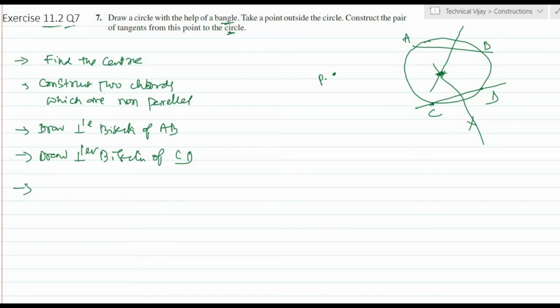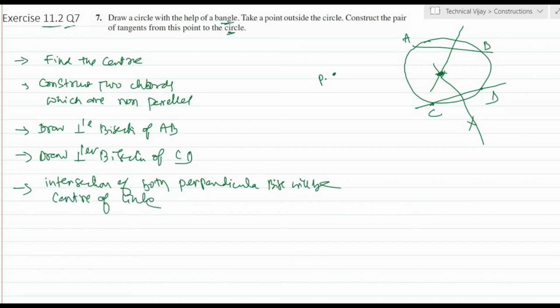That is, the intersection of both perpendicular bisectors will be the center of the circle. So now we have the center of the circle, O. After that, we join PO.